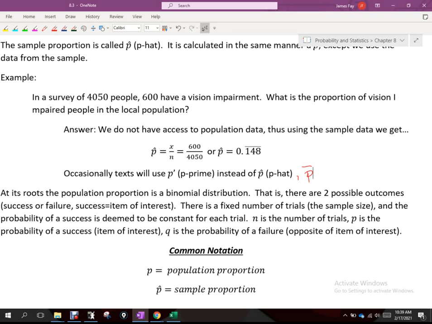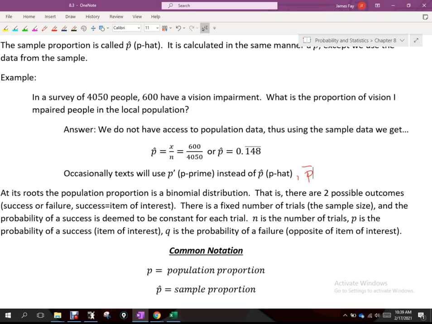Does that kind of make sense? Either I think this team's going to win or I think it's going to lose. There's only two possible outcomes: successes or failures. So basically, voting for one individual or not.